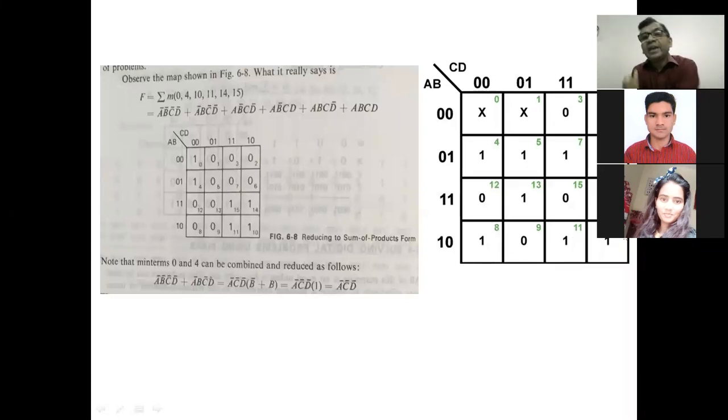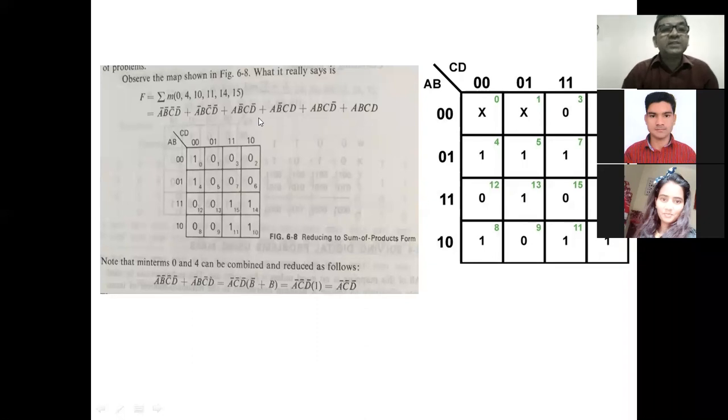So this is the way of representing the K-map. When this is 0, it simply means that we are talking about this square. When this is 4, we are talking about this square number 4. If this is 14, we are talking about this. But remember that this K-map will be represented only in the form of 0, 1, 3, 2, 4, 5, 7, 6, 12, 13, 15, 14, 8, 9, 11, 10.